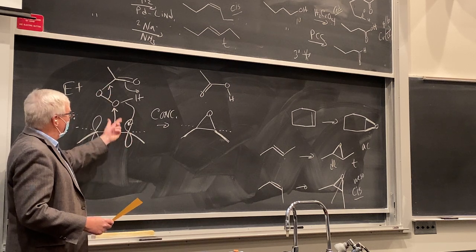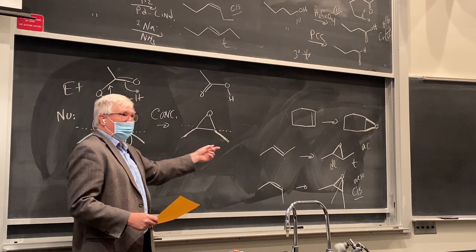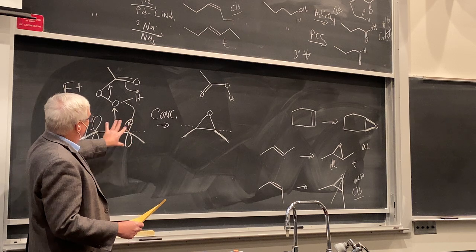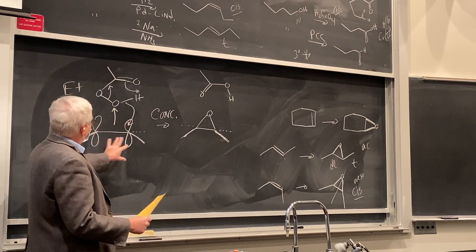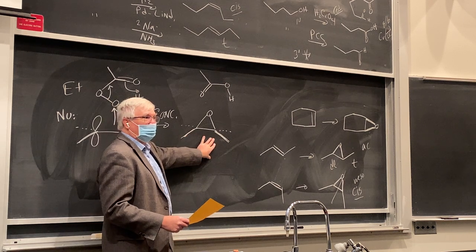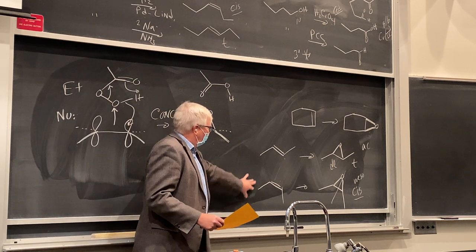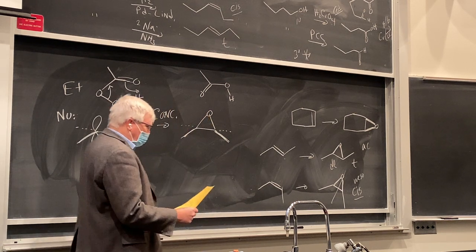And if you could rotate around that carbocation, you might scramble the stereochemistry. But it's known to be stereospecific. In one step, you can see trans and cis go to trans and cis products directly. Okay, so the one step thing reinforces this idea right here.